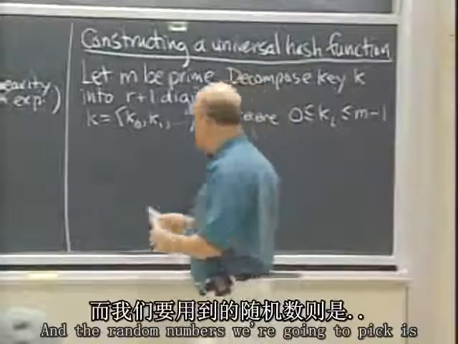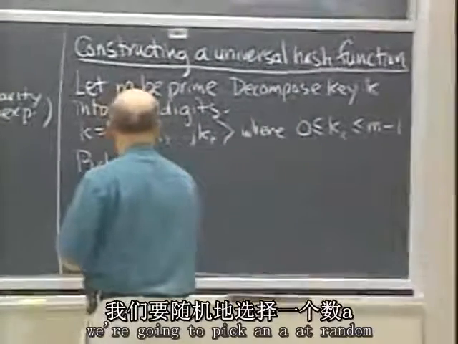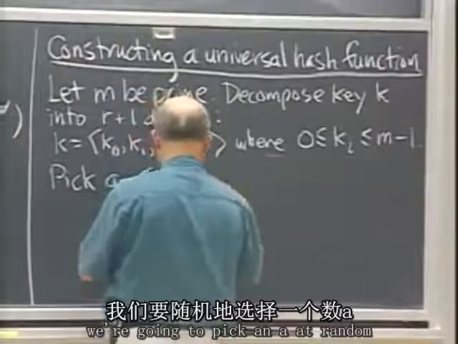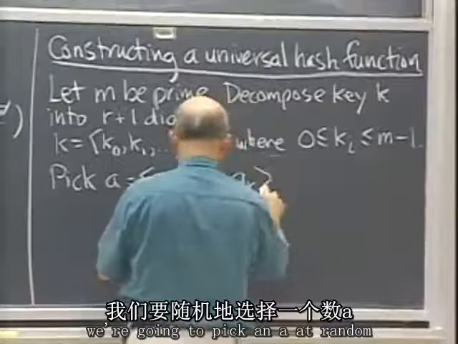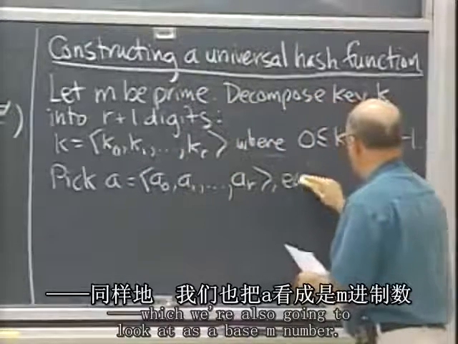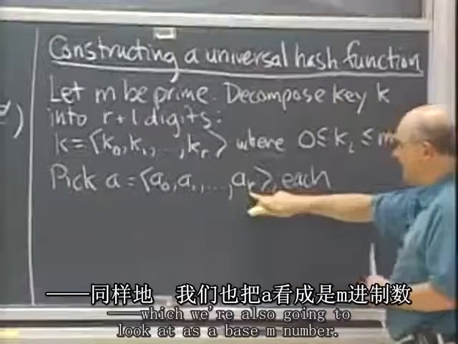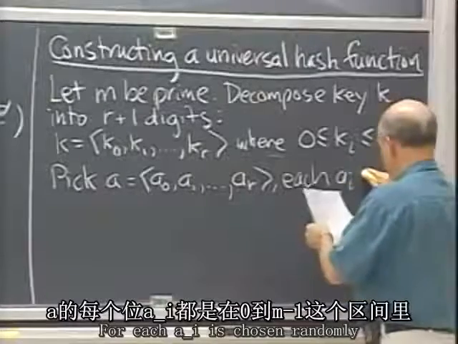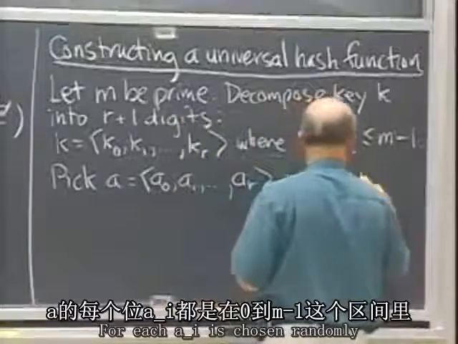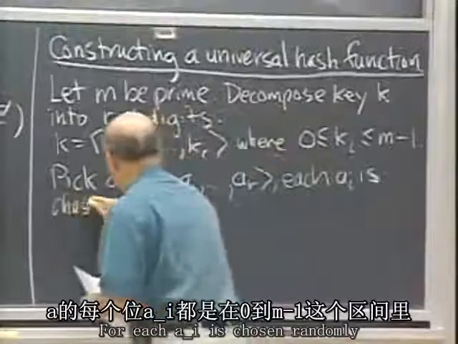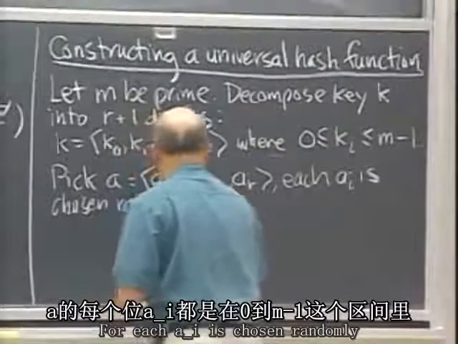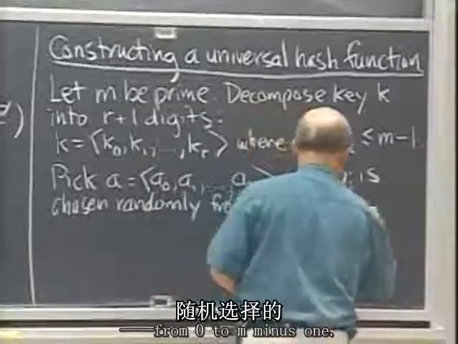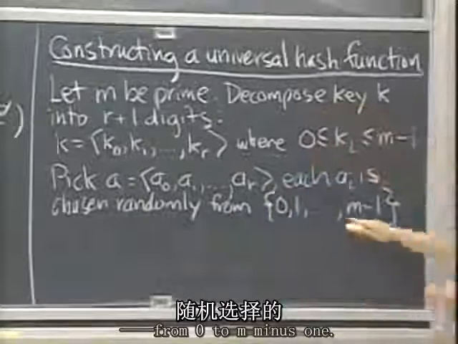The random numbers we're going to pick is an A at random, which we're also going to look at as a base m number, where each a_i is chosen randomly from zero to m minus 1.